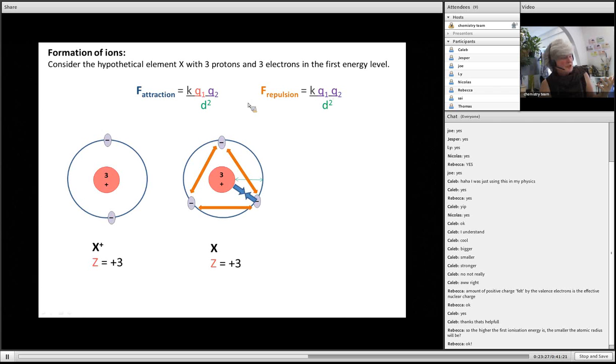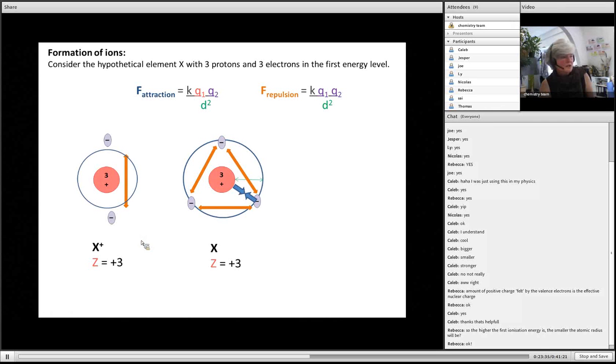So to keep that the same, can you see I've got to make it go smaller to keep that same repulsion? Okay, and so the cation is smaller. Now we'll see another reason when we look at real atoms, and it's the loss of the outer energy level, but it's this idea that the attraction is balanced by the repulsion.